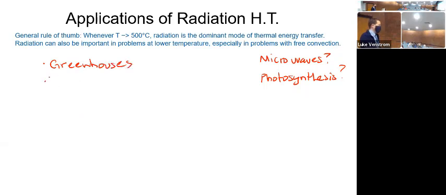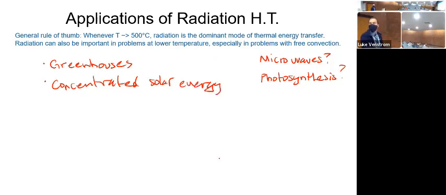From the middle, Cade: concentrated solar energy. Haley, Noah, Jared over that corner: radiation, what you get for cancer.